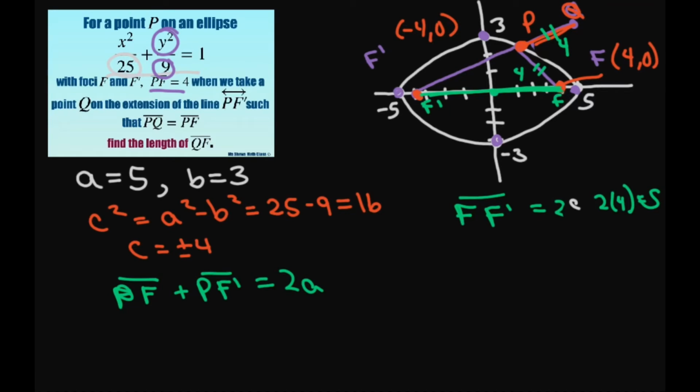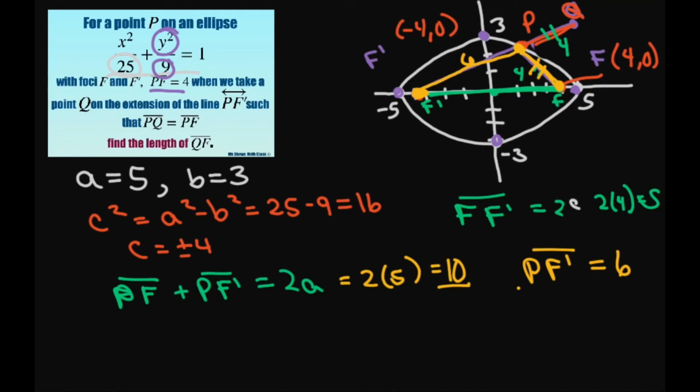So PF plus PF prime equals 2A. So that's going to be 2 times 5, which equals 10. Since we already know that this length is 4, and the total distance between these two is 10, then this has to be 6. So PF prime equals 6.